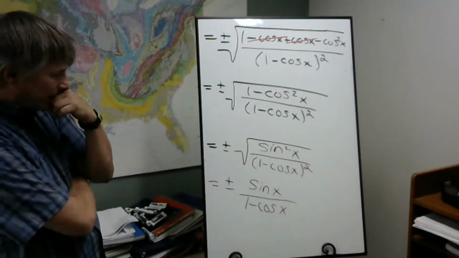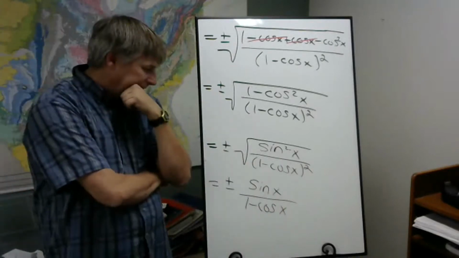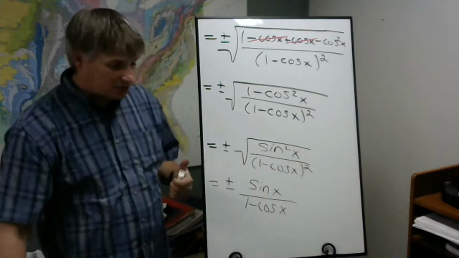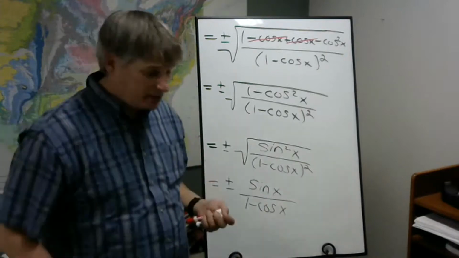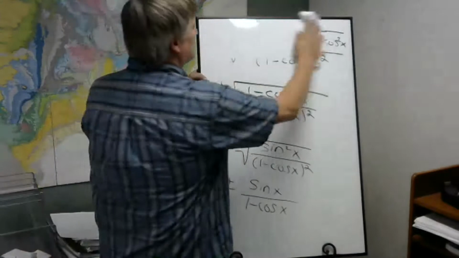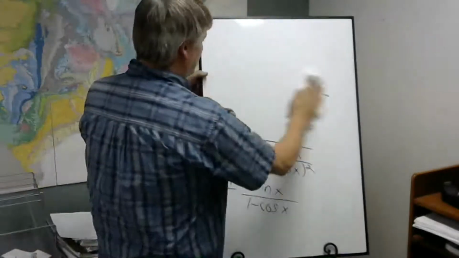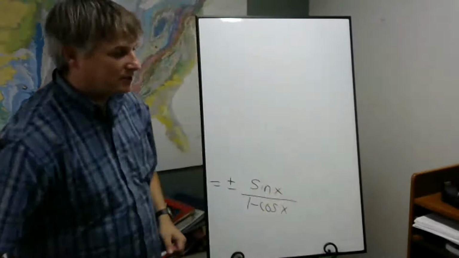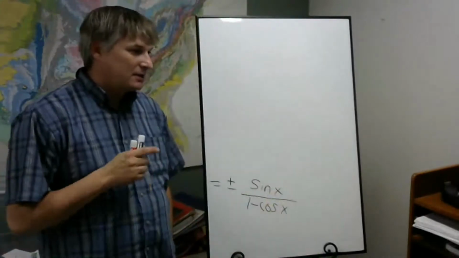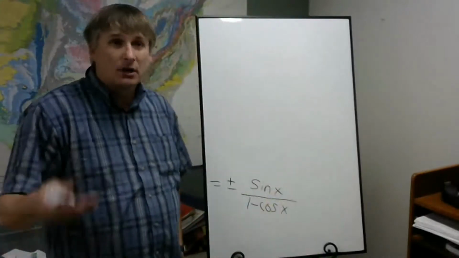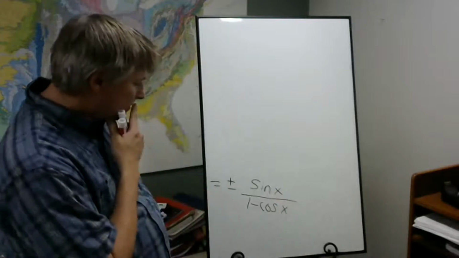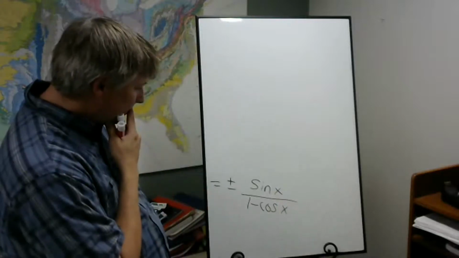So one of the issues with this is this plus or minus, and there was nothing specified in terms of what angle x should be. So cotangent, the typical domain for a cotangent, we usually take it as, say, 0 to pi is the canonical domain for it. But can we do something with this plus or minus?